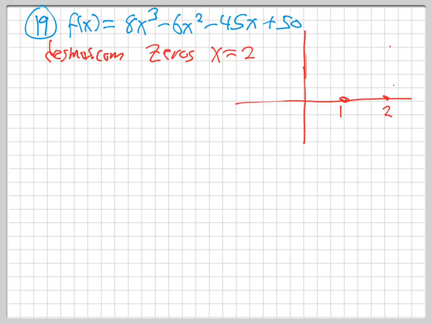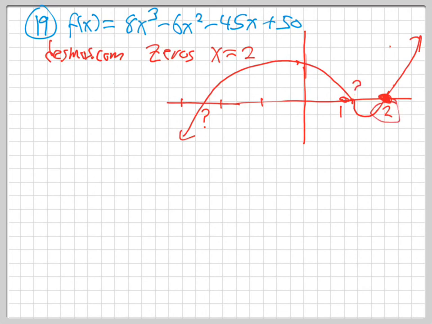You'll see the graph goes off this way forever, hitting right at 2, and then somewhere over here, and then somewhere way back here, negative 1, 2, hits right here, and then kind of like that. So that's the graph you'll see. You can't tell exactly what that 0 is, but that one's clear too.